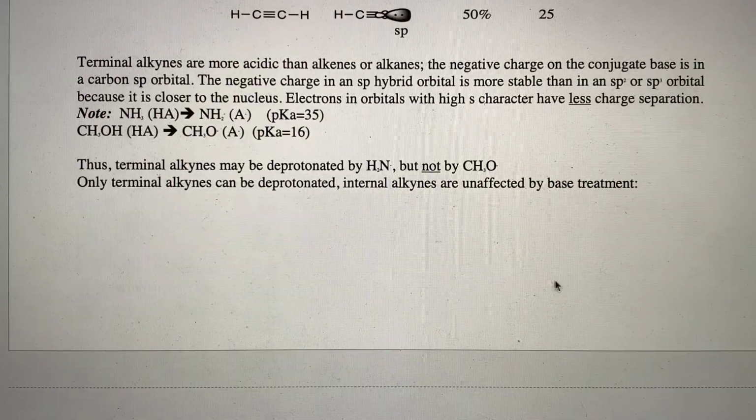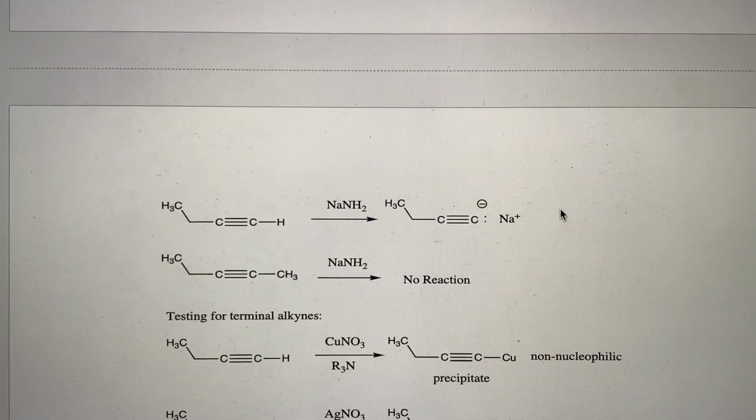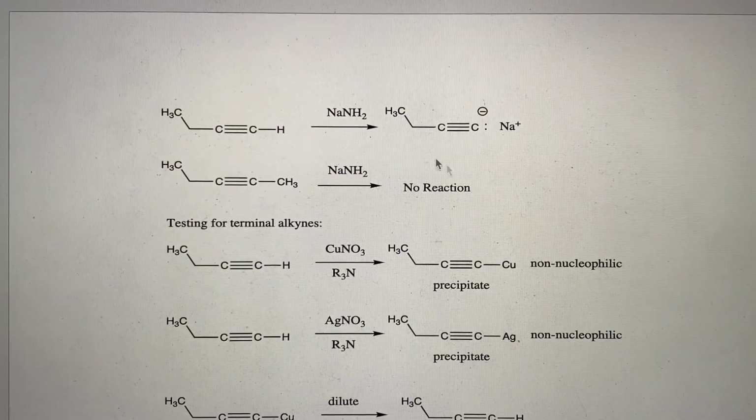Now notice that ammonia has a pKa of 35, so the conjugate base of ammonia will be a good base for that. Not the alcohol. Alcohol is more acidic, so it won't work. So we're going to use the conjugate base of ammonia, which is amide. Sodium amide is a good base, and it will take that hydrogen.